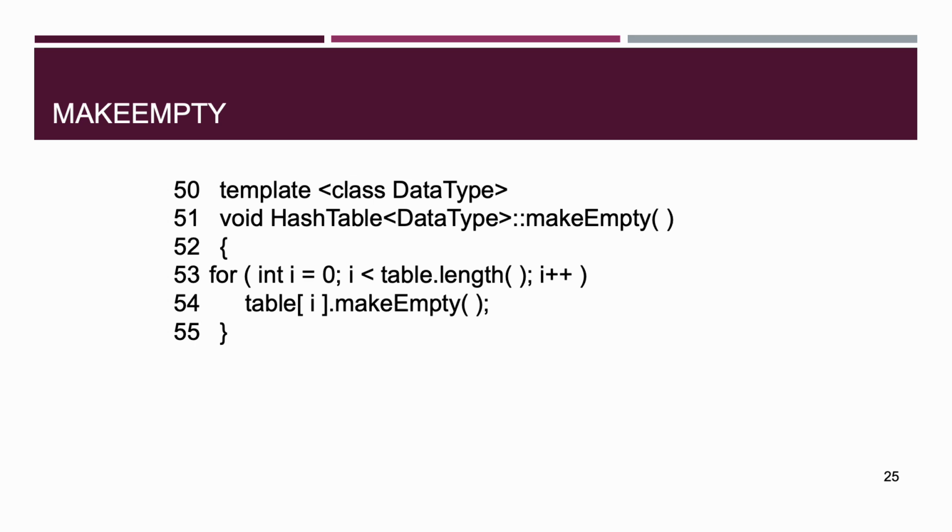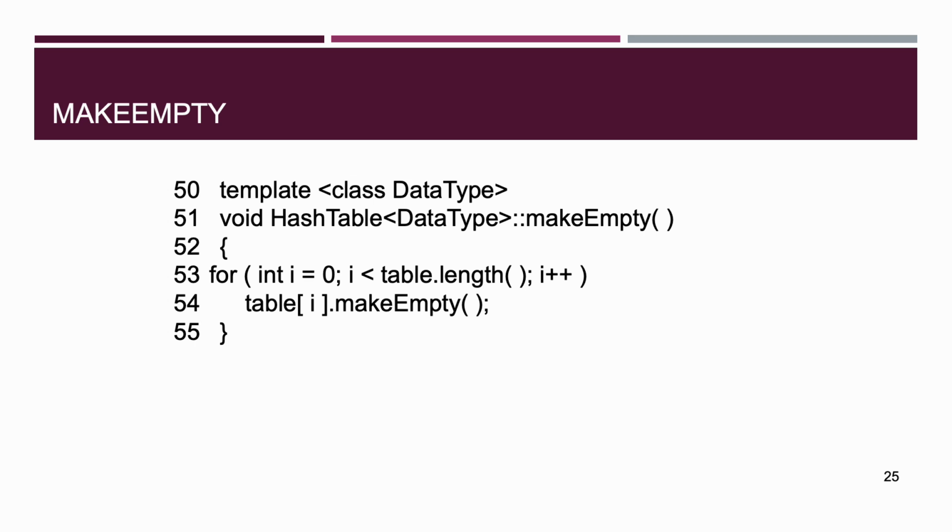Okay, now this one is make empty. First the function is defined as void since it doesn't need to return any value. Its purpose is simply to empty the hash table. The function uses a for loop to iterate over each index in the table. The loop starts at 0 and continues until it reaches the end of the table, determined by table.length.